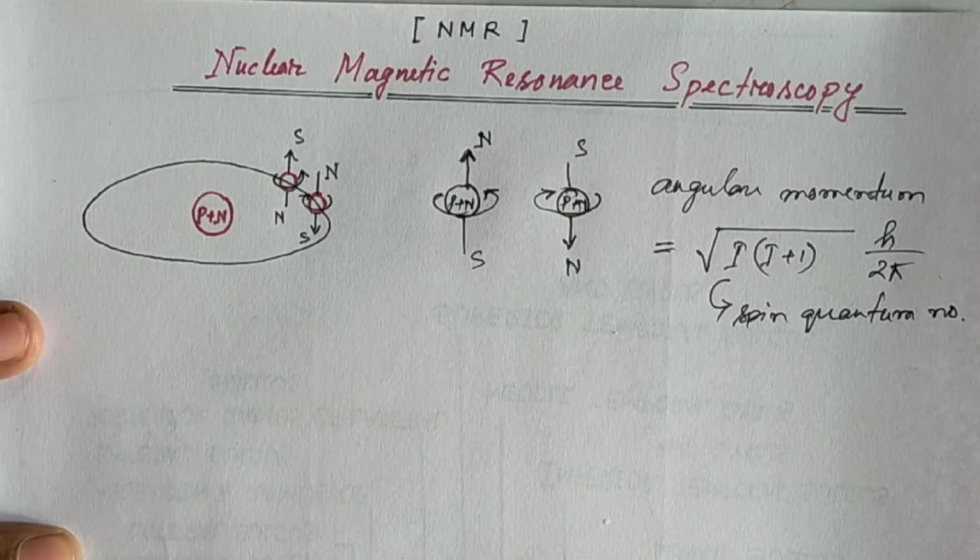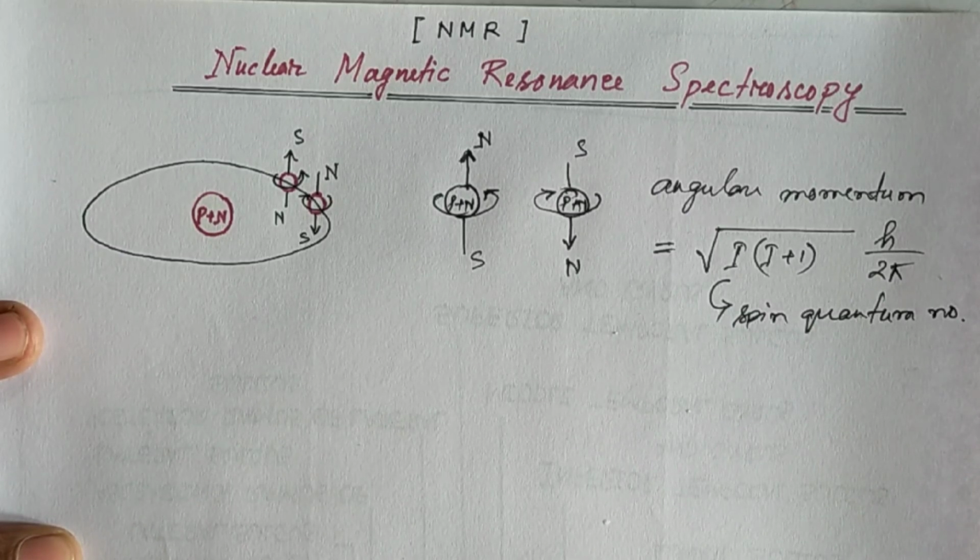So in this video, I'll discuss NMR, nuclear magnetic resonance spectroscopy. This type of spectroscopy is all about the nucleus interacting with an external magnetic field, and there will be a resonance.